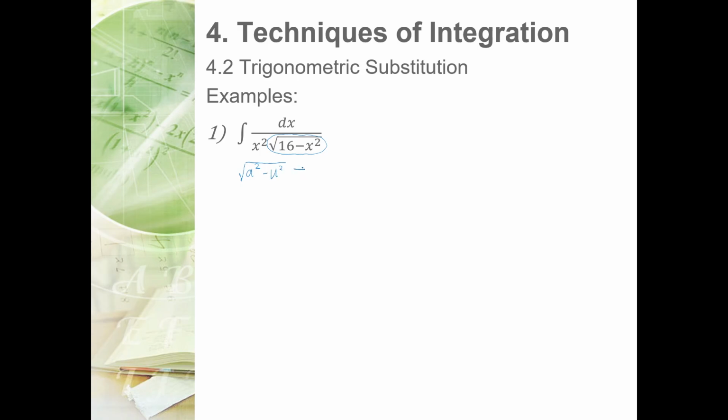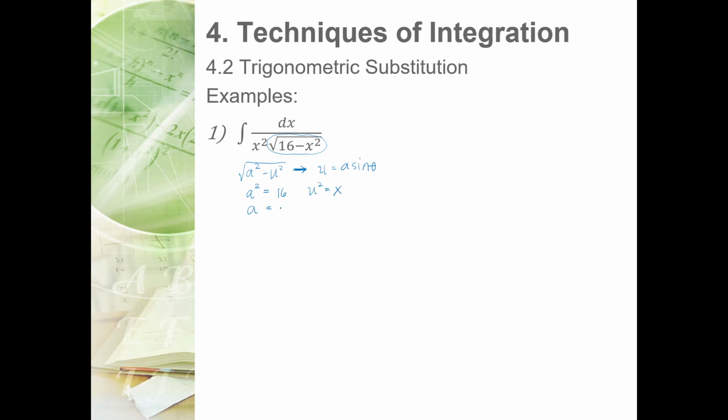So by formula, u is equal to a sine theta. All right. So we try to declare the different variables. So a squared is equal to 16, u squared is equal to x squared.